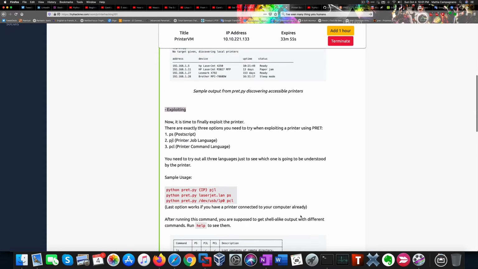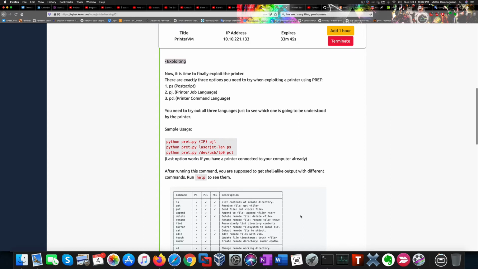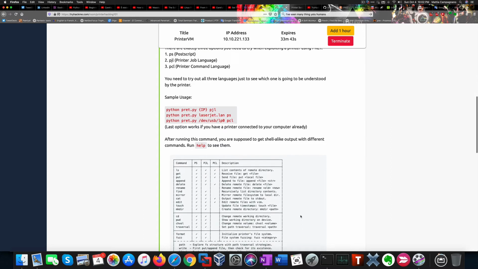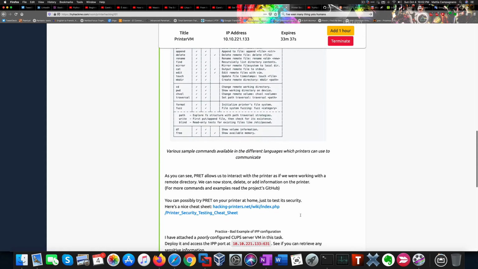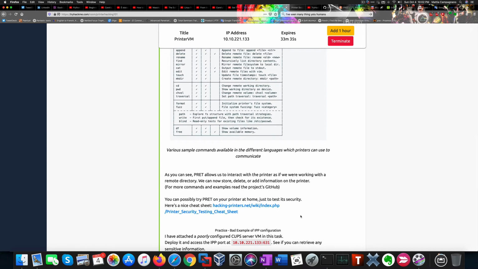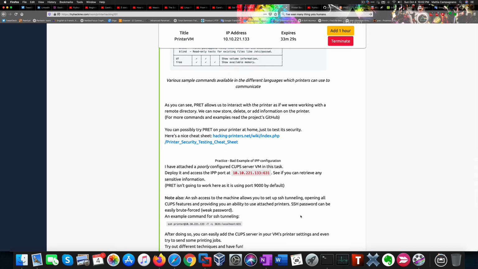You don't need to use any of this to solve this machine, but it's pretty handy to know this stuff for your real world pen testing engagements. In fact, I really think it will come in handy in the future. I see local and network printers all over the place, especially on internal corporate networks.